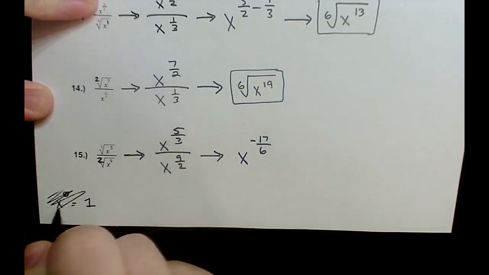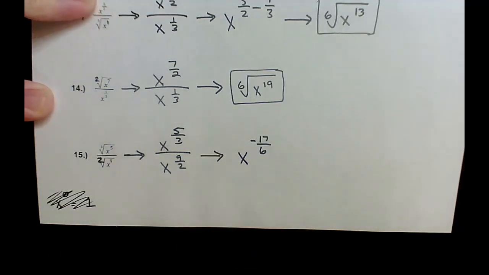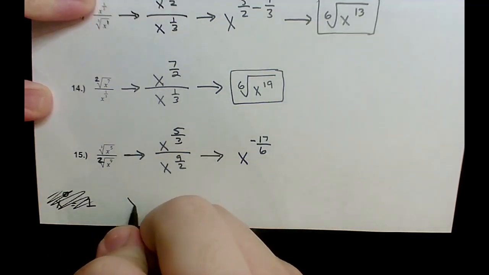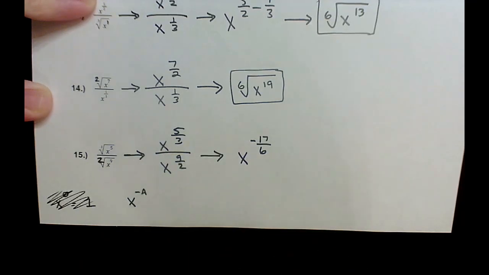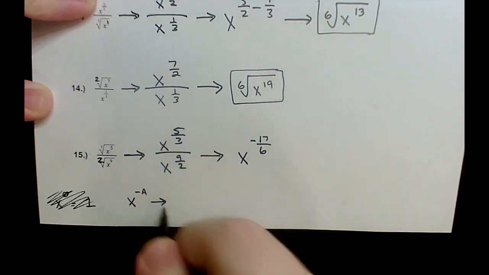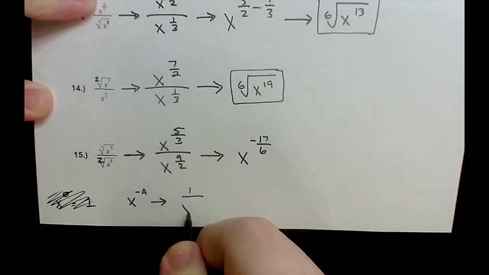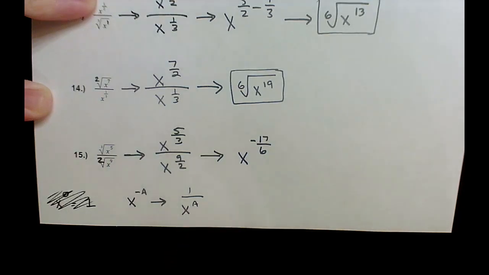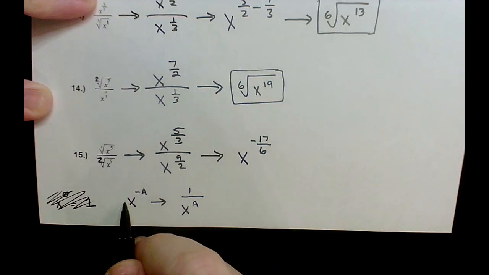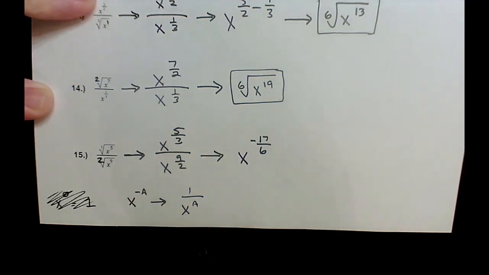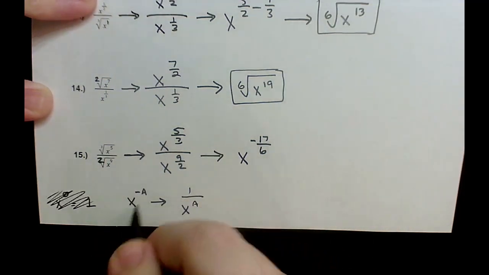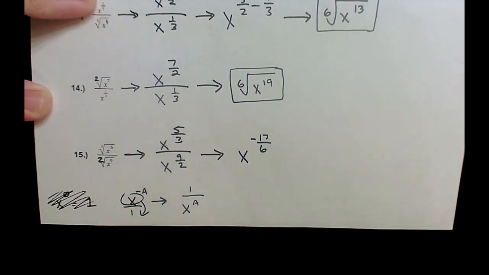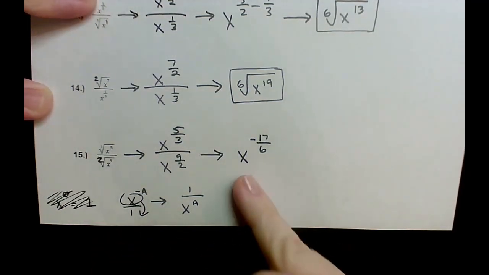But the other one says, hey, if you have a negative exponent, you're supposed to put that on the bottom of a fraction to make it positive. And if it was already on the bottom, you put it to the top and make it positive. But here there wasn't a fraction, so we say it was and then flip it. So we have to do that here.